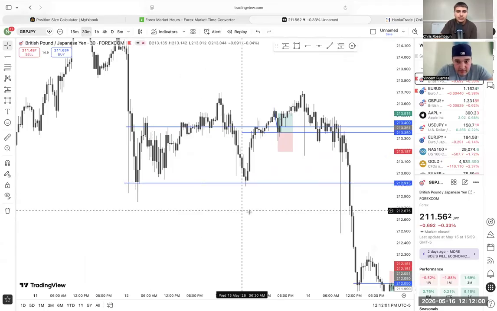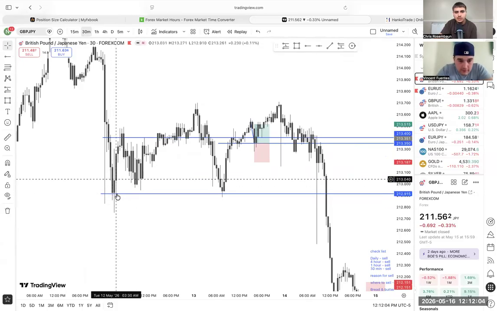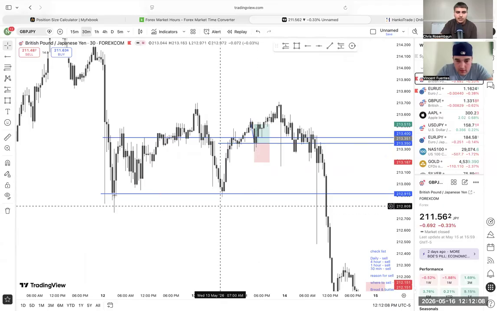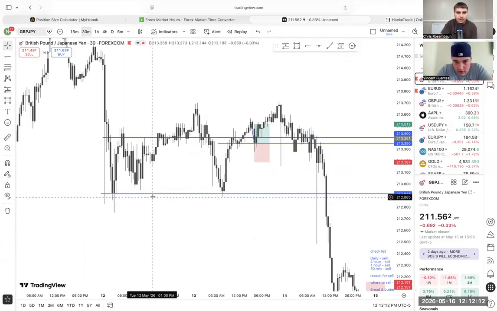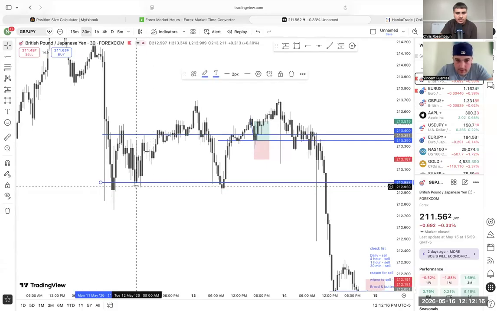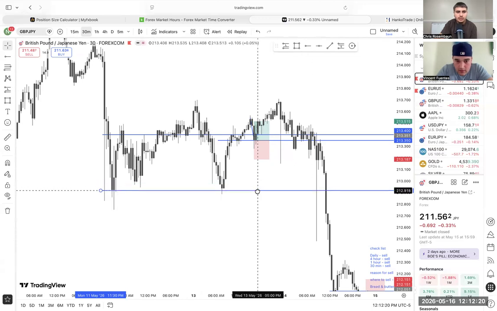Price is touching the most right here. It's touching, touching, touching. It's one, two, three, four, five times. It's not going to be right here because price only rejected here one, two, three times.